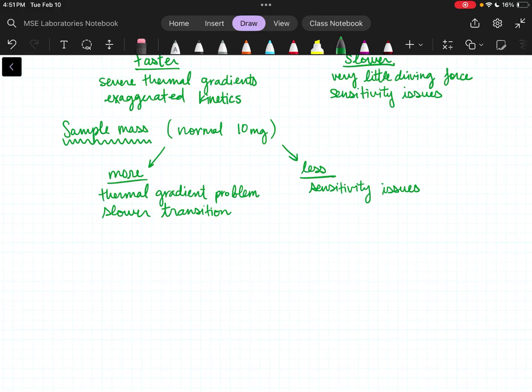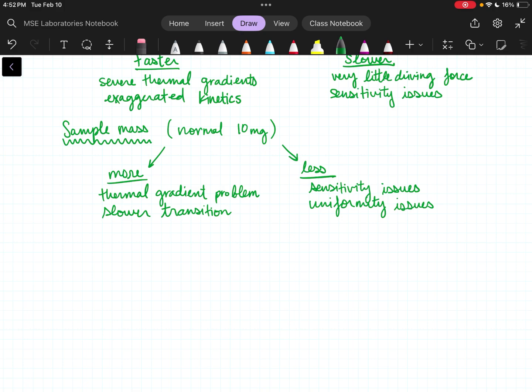Anyway, we also have comparison or, uniformity, there we go. We'll have uniformity issues.